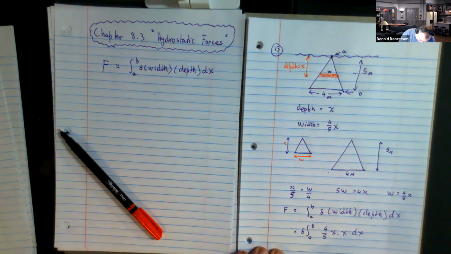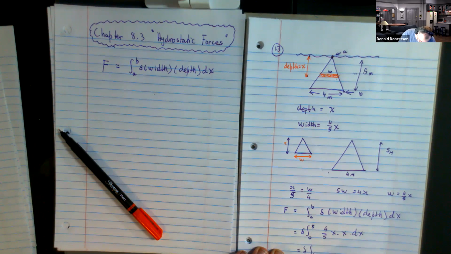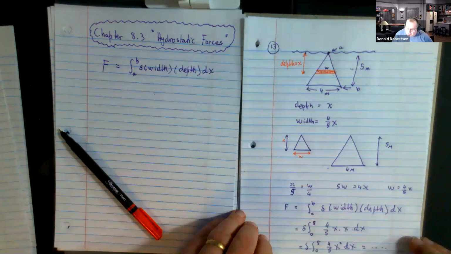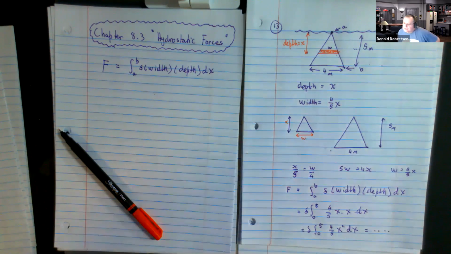And that becomes the integral from 0 to 5 of 4/5 x squared dx. And at this point, I'll dot, dot, dot. Are you comfortable with that setup? It's a pretty standard one, nothing too weird going on. And you know how you finish that, isn't it? Just a power rule with some ugly fractions in it.